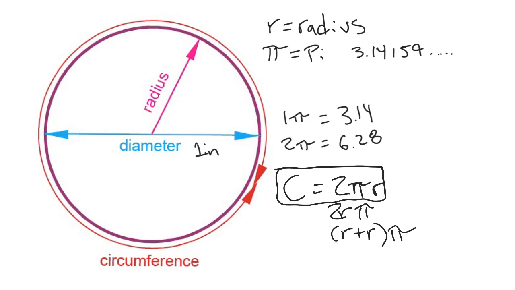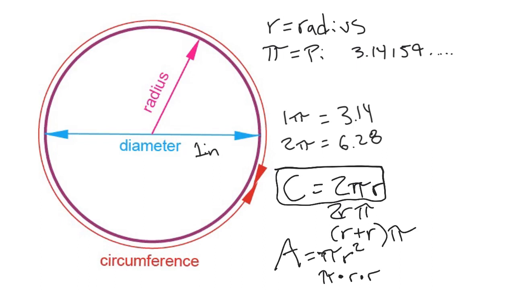Just like we've got area equals base times height for a parallelogram, for a circle area equals pi r squared.